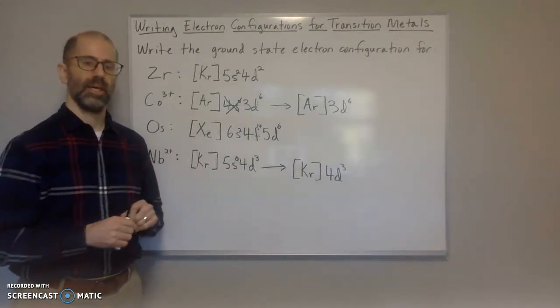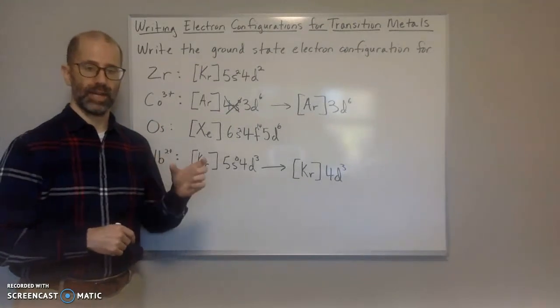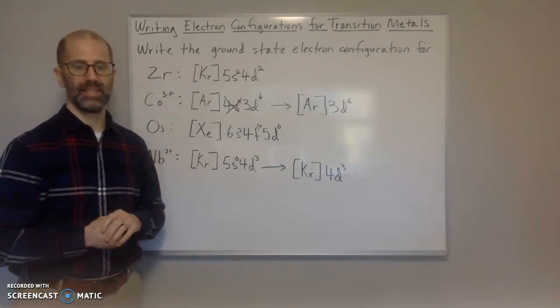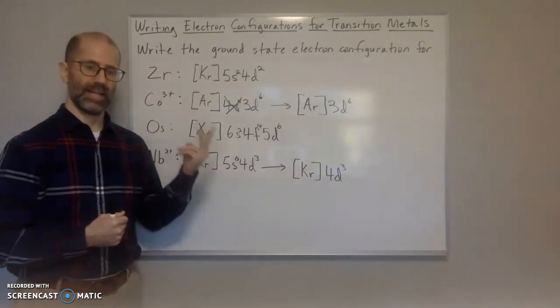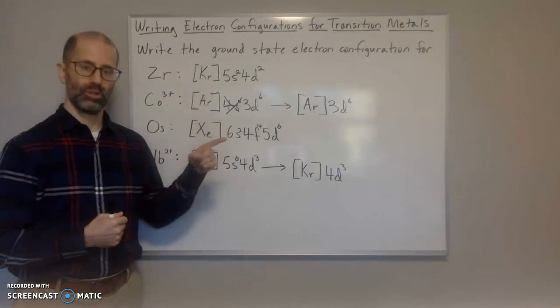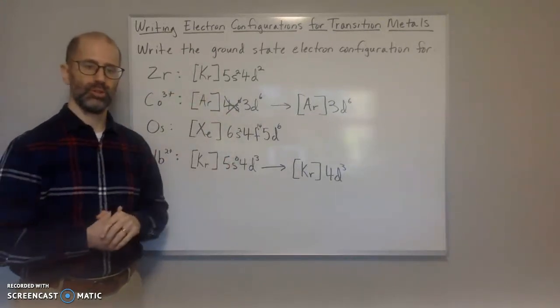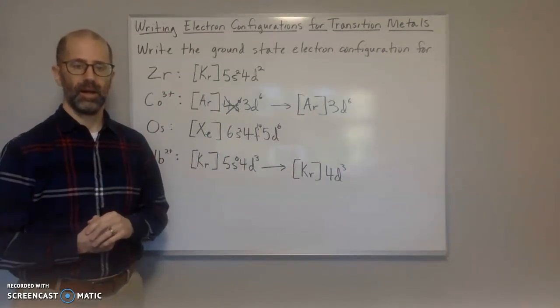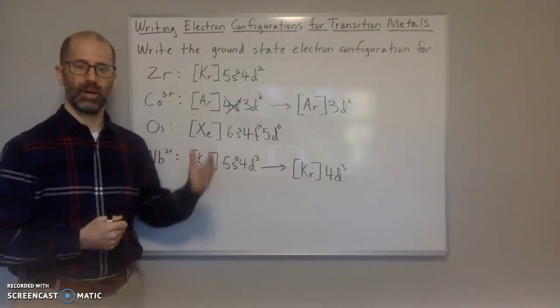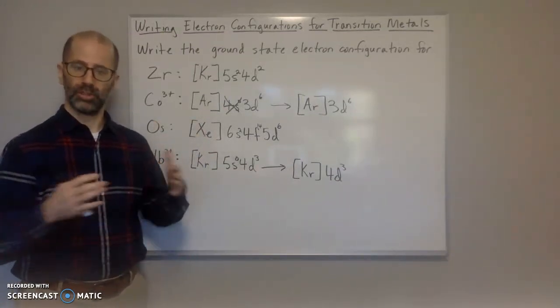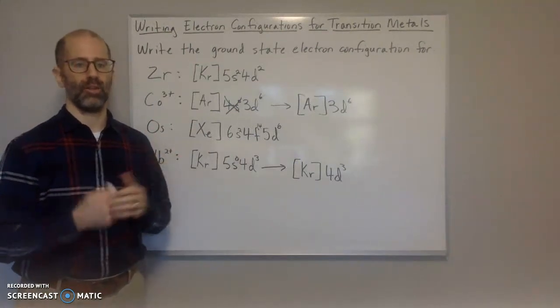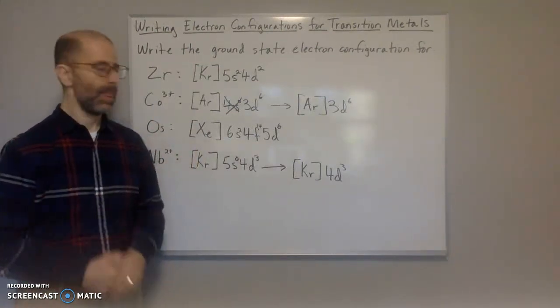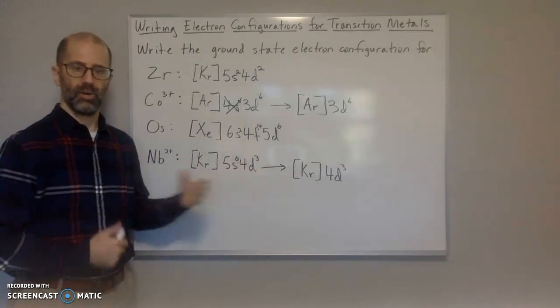So sometimes if you already have 4 electrons in the D sublevel and you've got 2 in the S, one of those 2 electrons could jump up to make a half-full D sublevel. And the same thing with the full. You could have an S electron jump up to the D sublevel to make it a full D sublevel. So there are those exceptions, there are other exceptions, but this is what we look at.